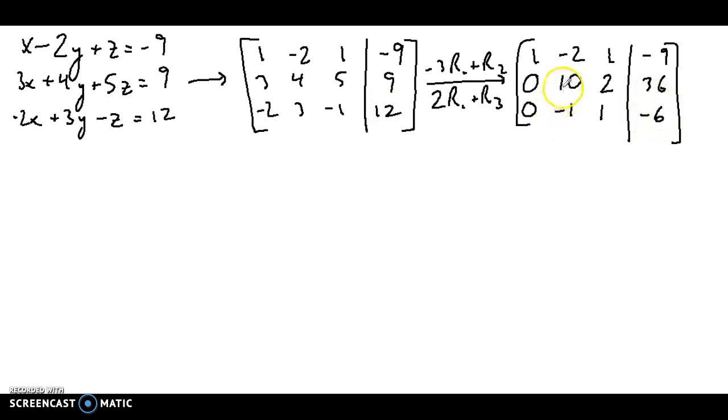Now again, our next goal is to get a 1 right here. And while we could multiply this row by +1/10, it'll be easier to multiply this row by -1 and move it up here. So I'm going to take row 2 and swap it with negative row 3. Row 1 isn't changing.